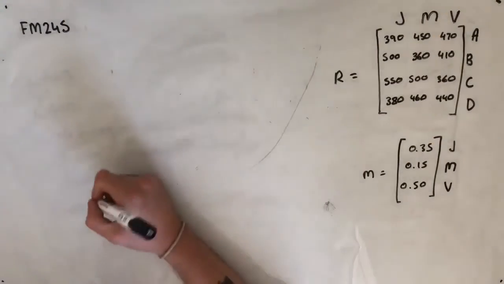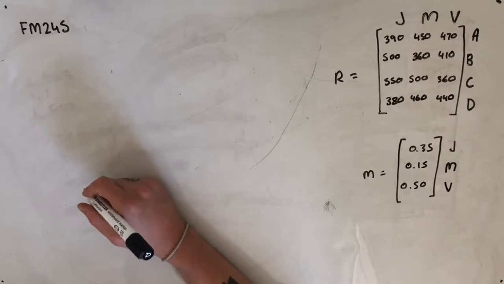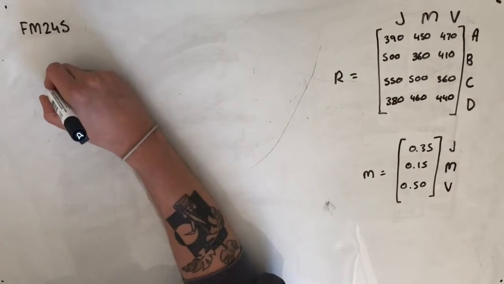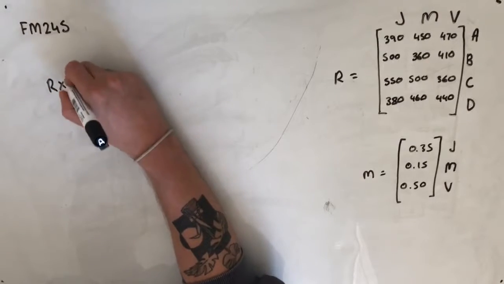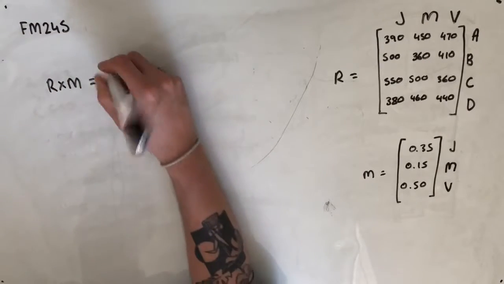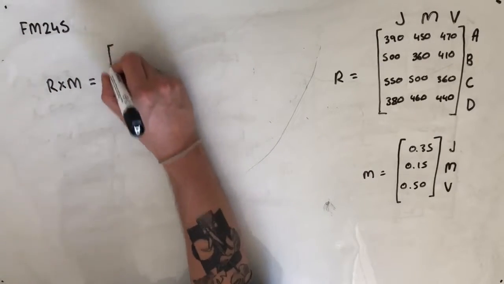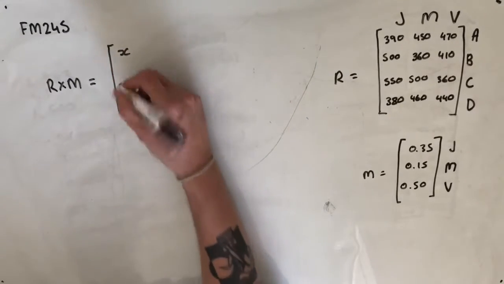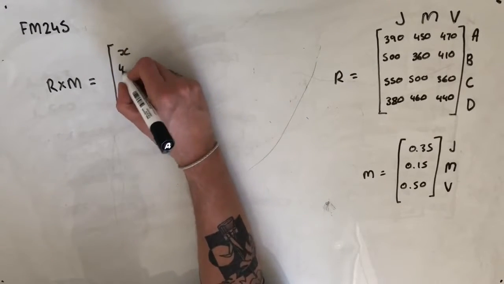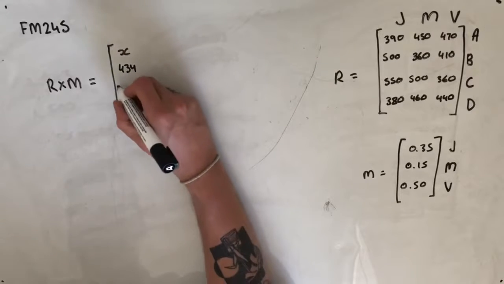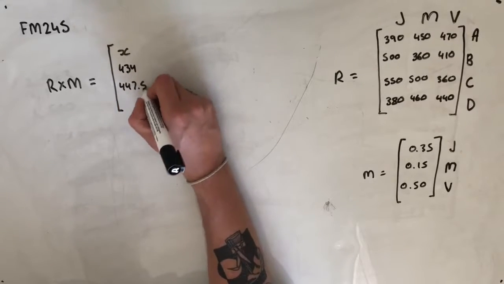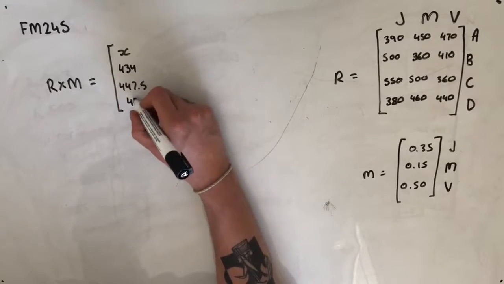Now looking at the next little bit of information, we're told that the product of matrices R and M is shown below. Now I'm not going to write out the full version there, but we'll do a little summary, which is R times M equals X, 434, 447.5, and 422.